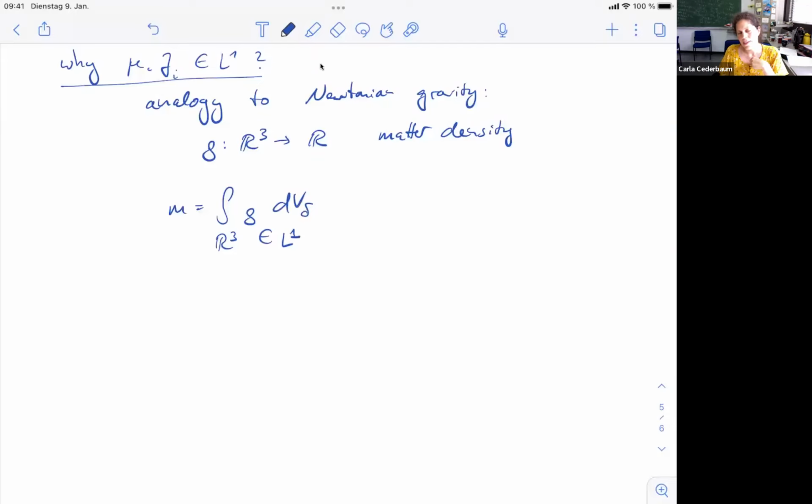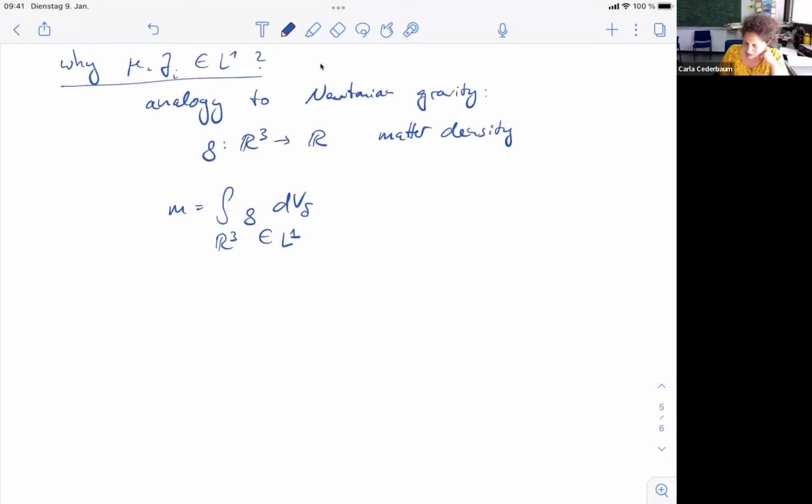So here we want an integrability of the matter density in order to have a well-defined mass. And so in analogy, it's not too surprising that in relativity, we want integrability of the energy and momentum densities in order to have well-defined energy and momentum. I hope this is convincing.